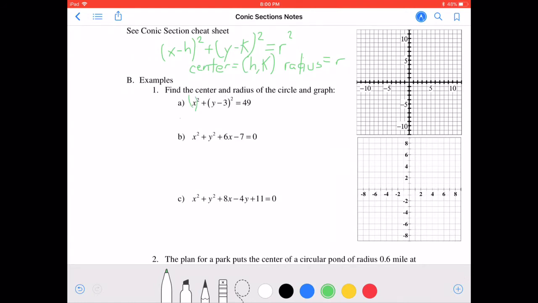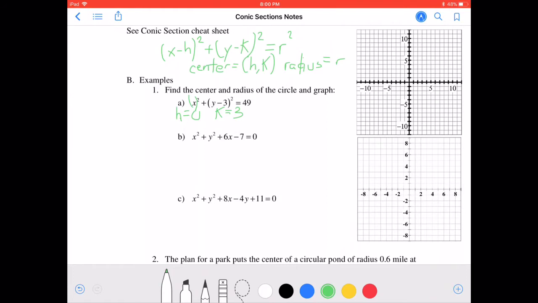Here, because there's nothing else in the parenthesis with x, h will be 0. Here, we have y minus 3. If we look above, we have y minus k. So here, k is equal to 3.